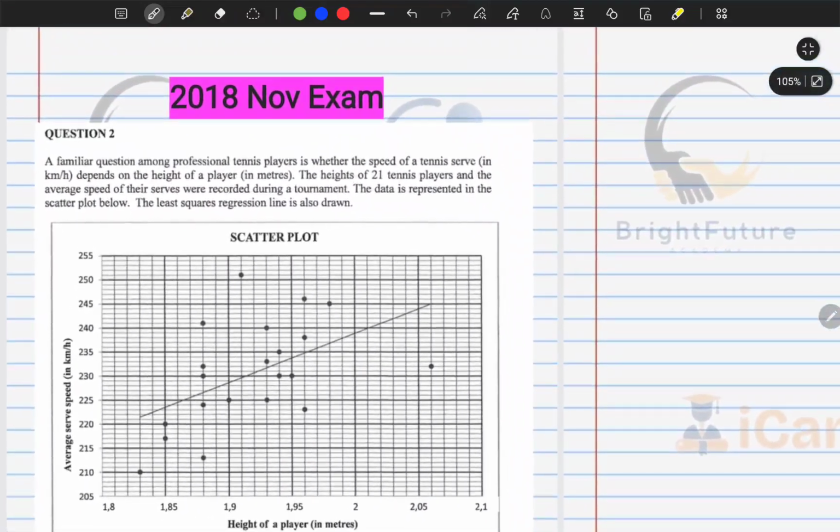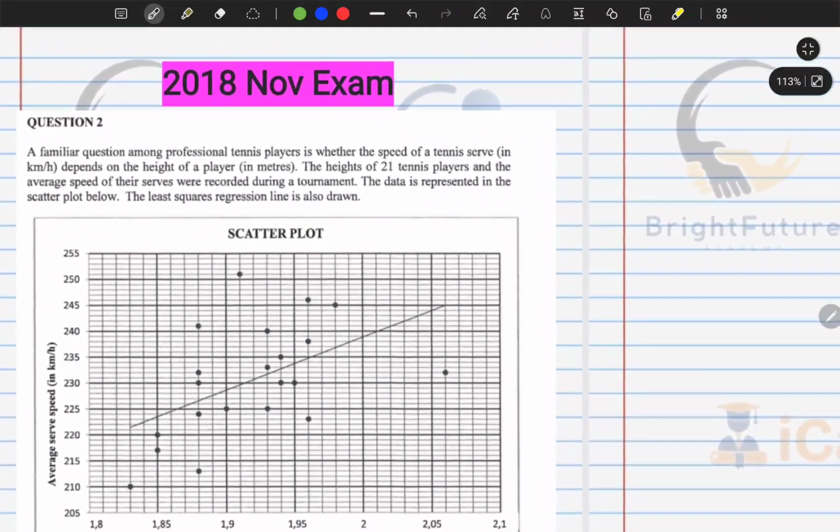So the 2018 November exam reads: a familiar question among professional tennis players is whether the speed of a tennis serve in kilometers per hour depends on the height of the player in meters. Furthermore, we are told the height of 21 tennis players and the average speed of their serves were recorded during a tournament.